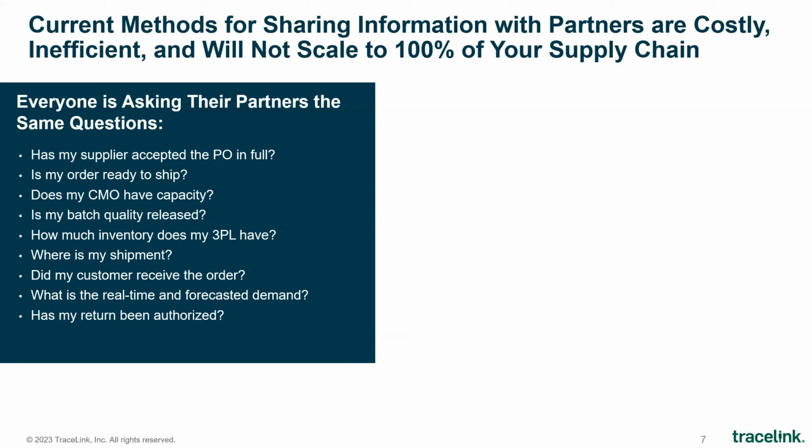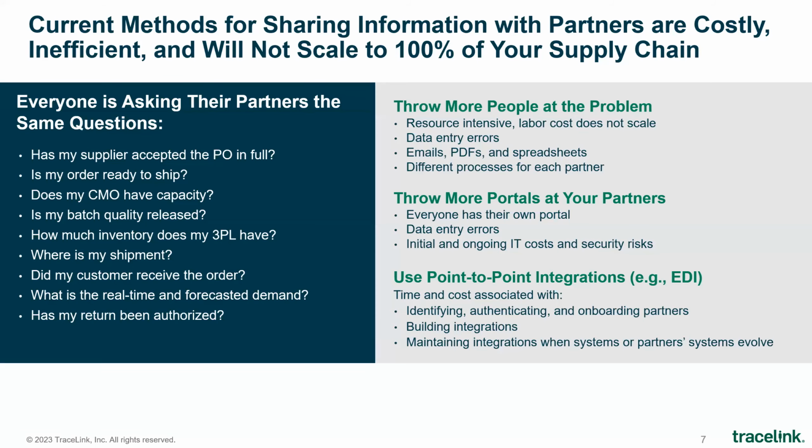Where is my shipment? These are all real-world questions that today are often solved by throwing more people at the problem. They have entire teams whose job it is to follow up with various suppliers, customers, and other types of partners and get this information through emails, spreadsheets, PDFs. Sometimes there are some individual portals.